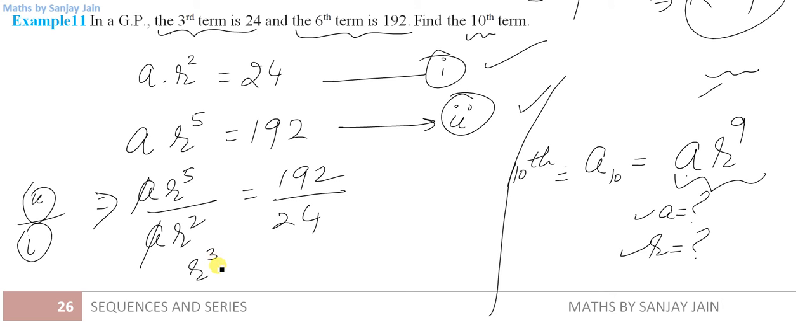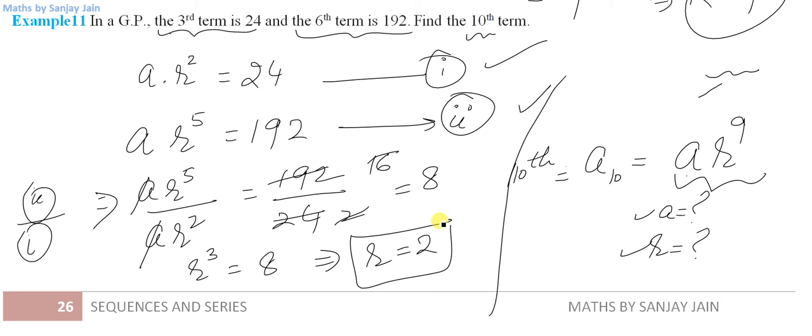How much is this? 12 2s are 24, 12 6s are 72. So this is going to be 8. R cubed is equal to 8. That means R is equal to 2.